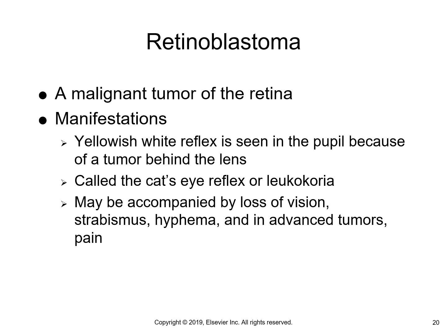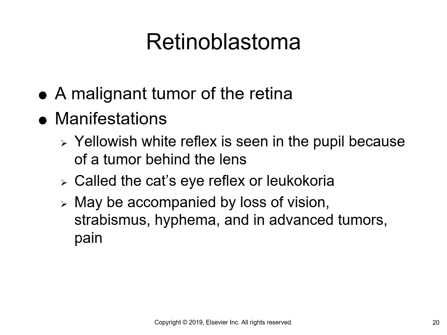Small tumors are treated by laser photocoagulation. What we're trying to do is destroy the blood vessels that supply blood to the tumor. This condition may be accompanied by loss of vision, strabismus, the cross eye we just talked about, and in an advanced tumor, even pain.